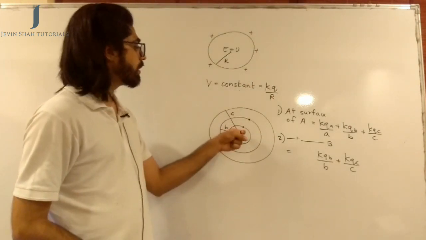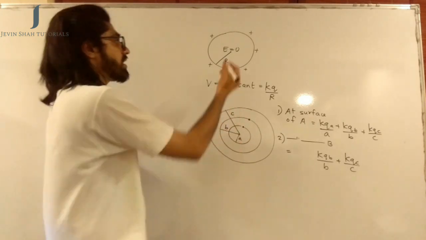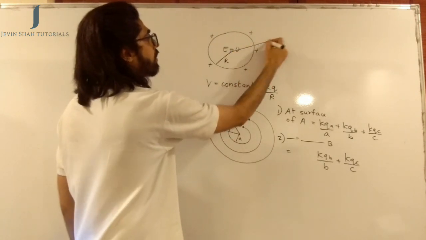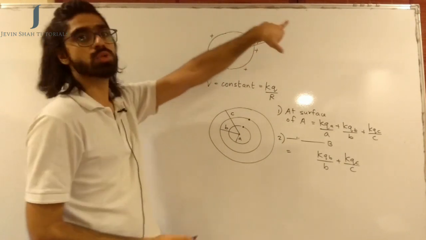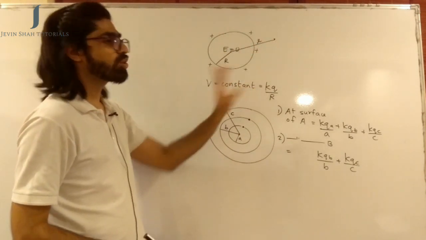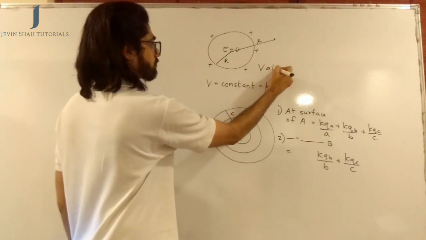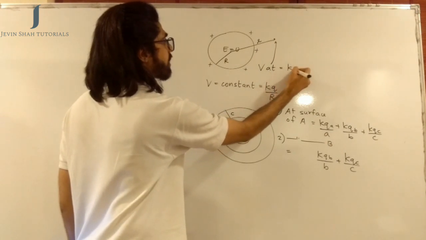So now the potential at this point has to be given by some other formula. Say for example, this was the sphere and I need the potential at this point, which is at a distance of r from the center of the sphere but outside the sphere. Inside it will be KQ by R only. But V at this point will be given by KQ by small r.